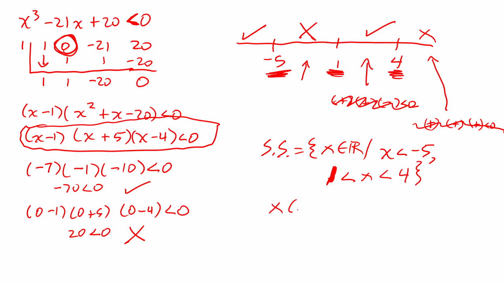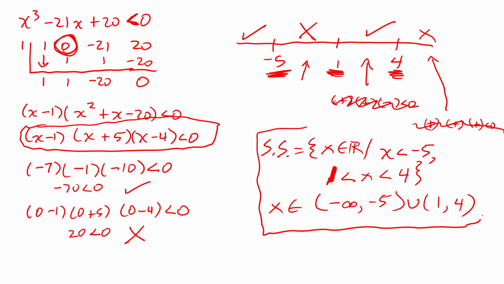And if we want to put that in interval notation, it would be negative infinity to negative 5 in union with 1 to 4. If you're not sure whether to include the values of negative 5 or 1 or 4, just take a moment and actually test one of them. So let's say we let x be negative 5.